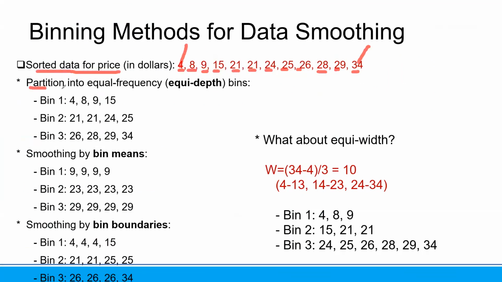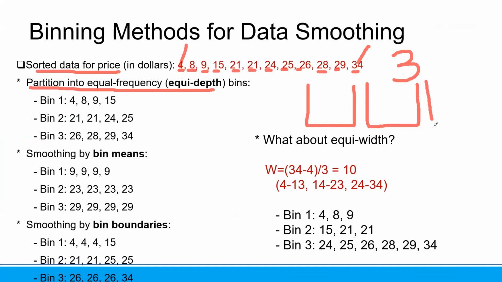I want to partition into equal frequency or equal depth. So let's suppose I want to make 3 bins. We want to make the data into 3 places. So we have 3 places and I want to put the data. Where should I put the data?